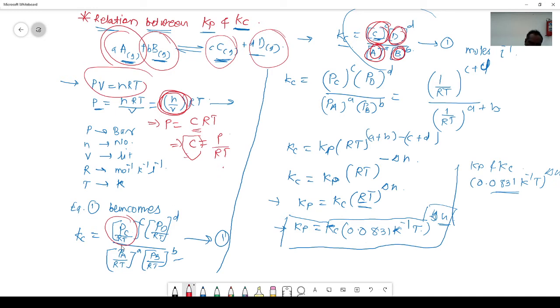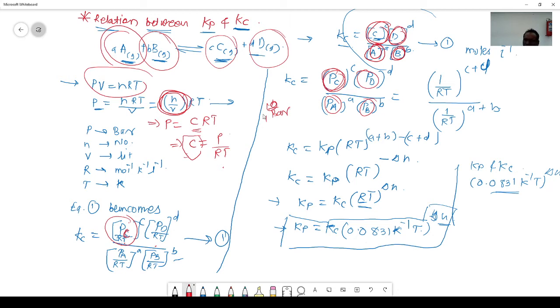That is partial pressure of C divided by RT, partial pressure of D divided by RT. Right? Then what we have done? We have made this partial pressure PC or PD or PA or PB dimensionless by dividing the partial pressure by 1 bar.